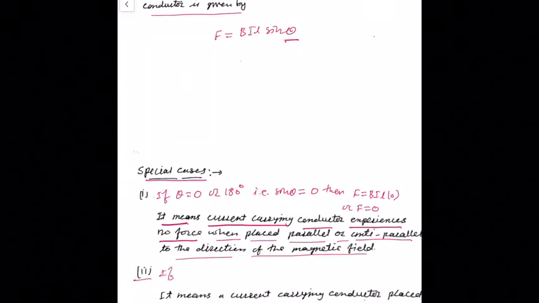Second case, if theta is equal to 90 degree, then F is equal to BIL sin 90 degree. Sin 90 degree is 1. So F is equal to BIL, that is maximum.